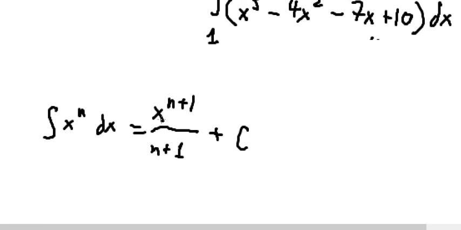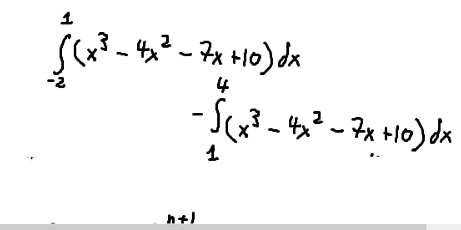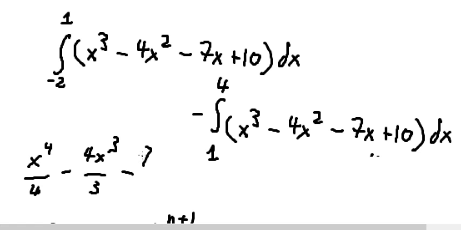So we put 3 here, and 3 plus 1 is 4, and we have x to the power of 4 over 4. The next one is 3, the next one we have 2, and the next one is x.